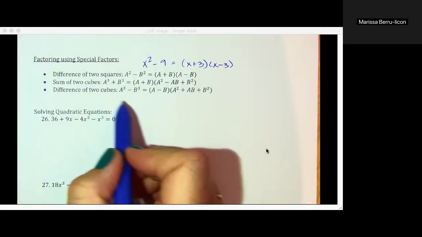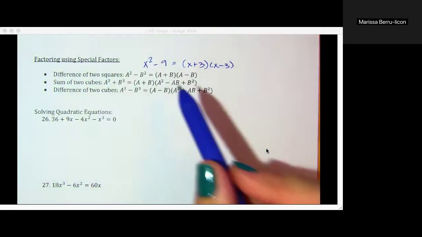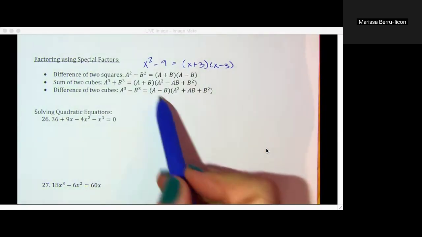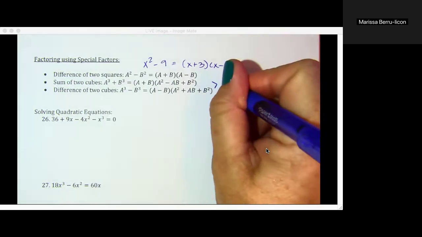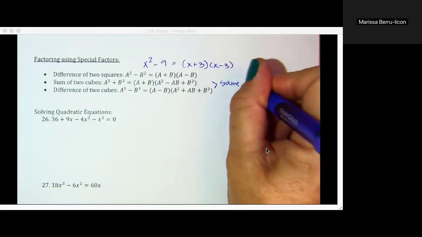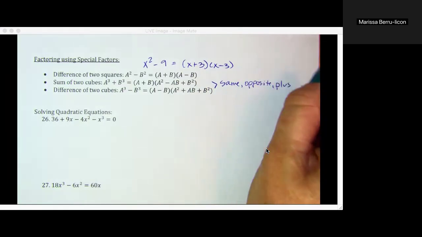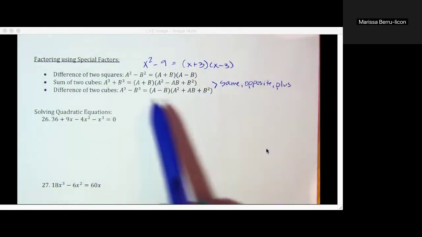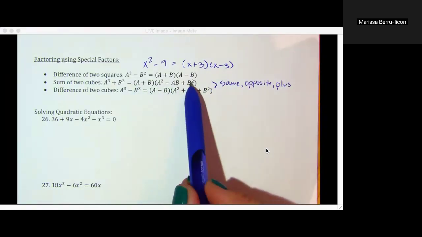The sum of cubes and difference of cubes formulas are probably less common to you, but you'll notice that these two formulas look almost exactly the same. I call these two formulas the same, opposite, plus formulas, because you'll see it's A, B, A squared, AB, B squared.